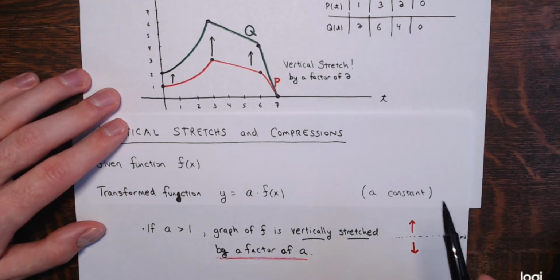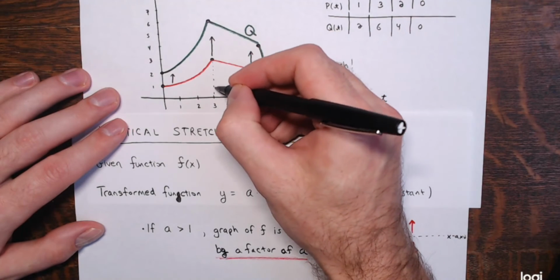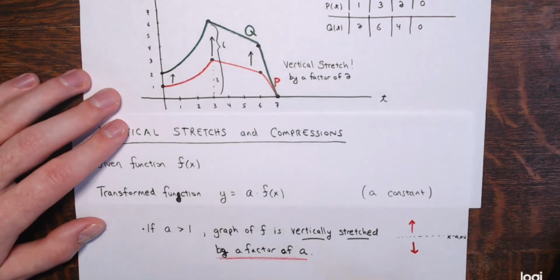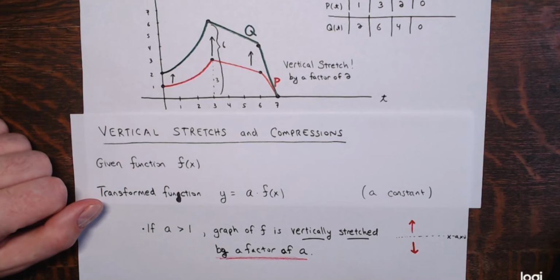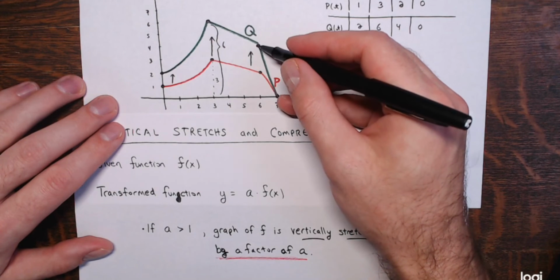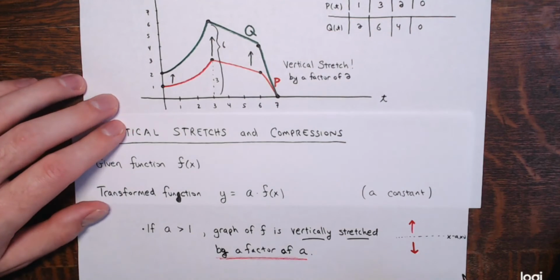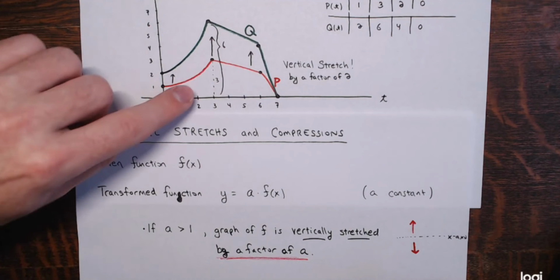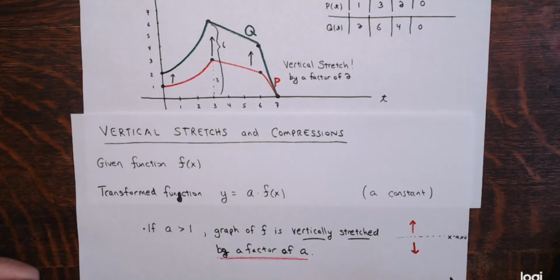Like this distance here is 3 units and this distance here is 6 units, right? Every distance got doubled. This distance is 2 units, and then the distance to the green graph is 4 units, right? Every distance got doubled. 1, then 2, 3, then 6, 2, then 4, and so on. All right, so that's a vertical stretch.